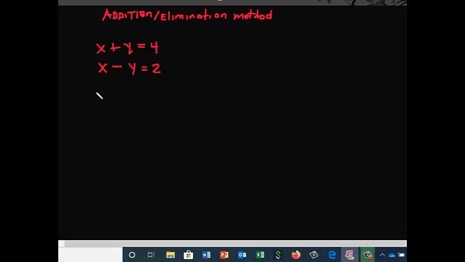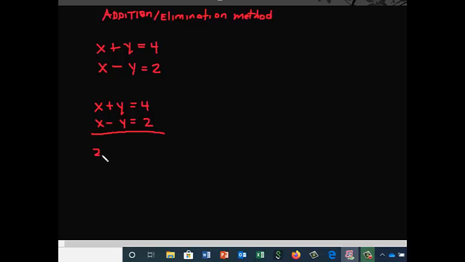So when we actually use the elimination method slash addition method, then all we have to do is add the two equations together for the first step. So we have x plus y is equal to 4, and this would be x minus y is equal to 2. So in this case, what do we get?